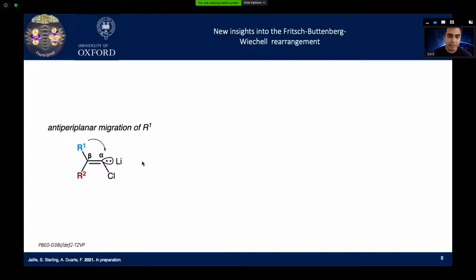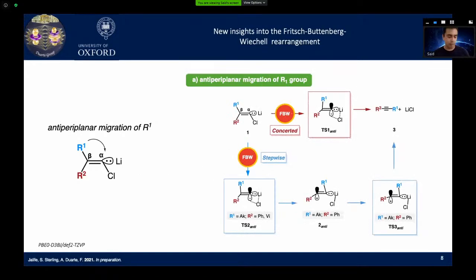So in the case of the antiperiplanar migration of these prototype carbenoids, we found that the antiperiplanar reaction proceeds in most of the cases via a concerted mechanism in which you will form a vinylidene carbene type structure in which a lone pair and an empty p orbital is located at the alpha carbon.